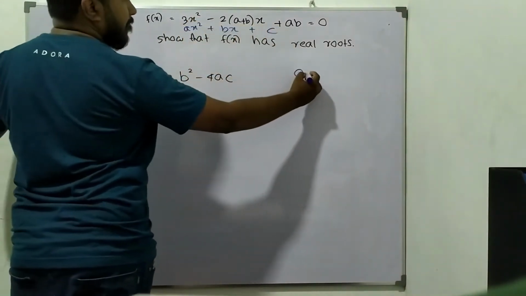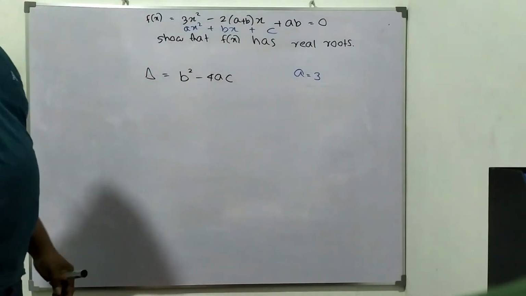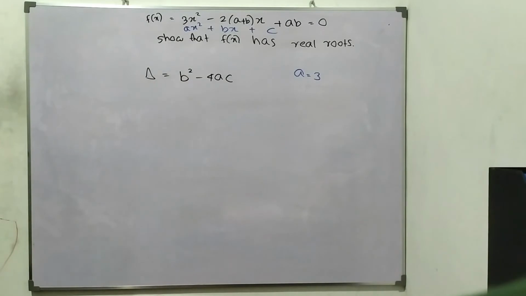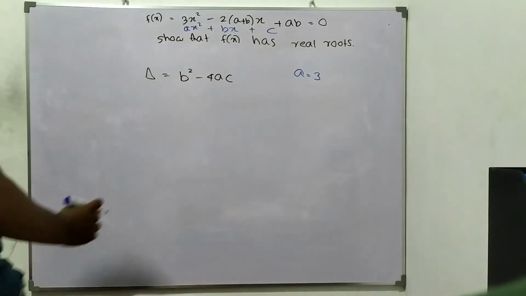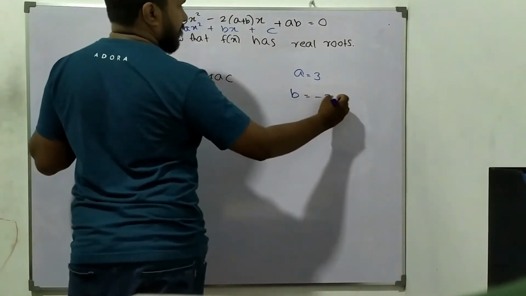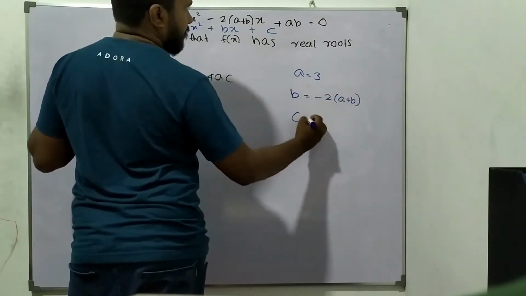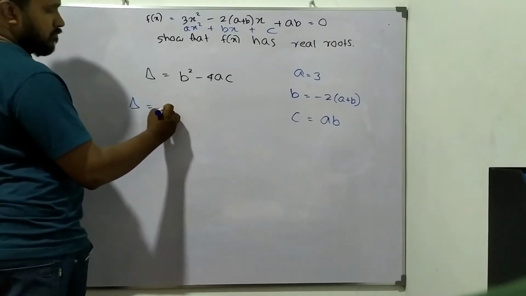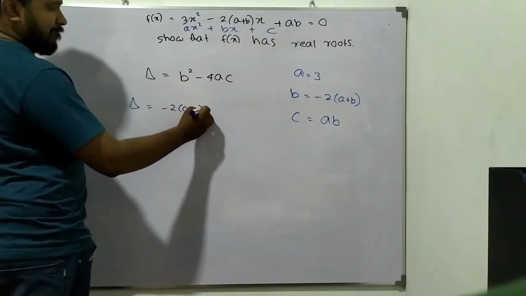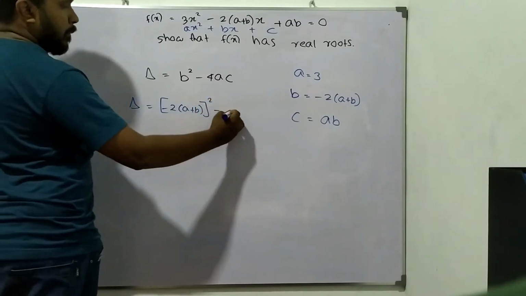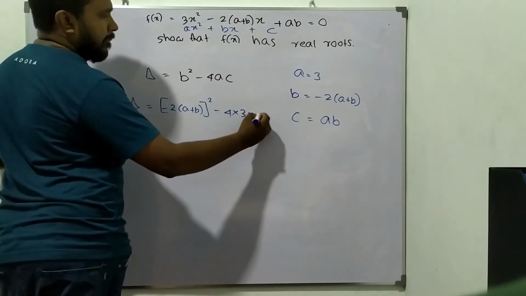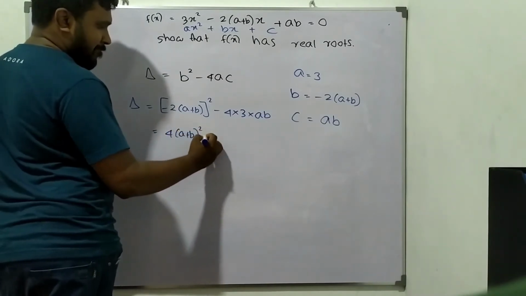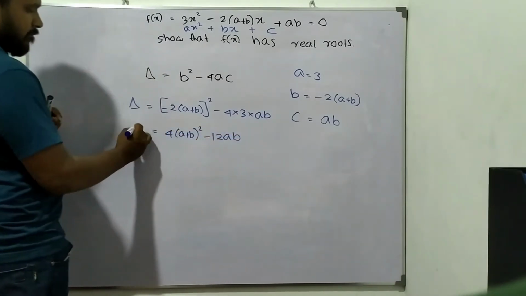This is equal to ax squared plus bx plus c, where a is 3, b is minus 2 times (a plus b), and c equals ab. So the discriminant is 4(a plus b) squared minus 12ab.